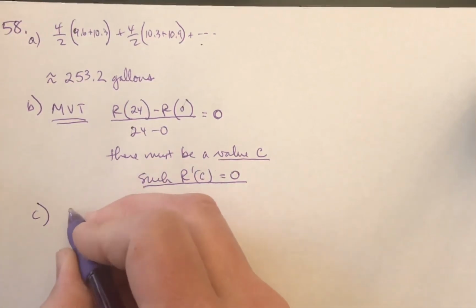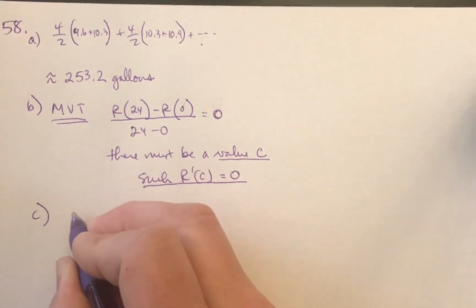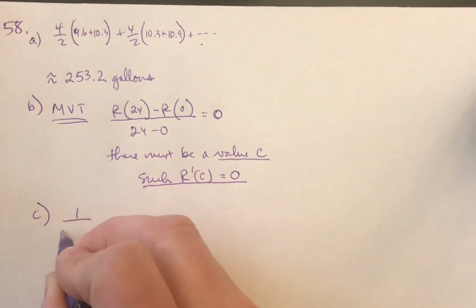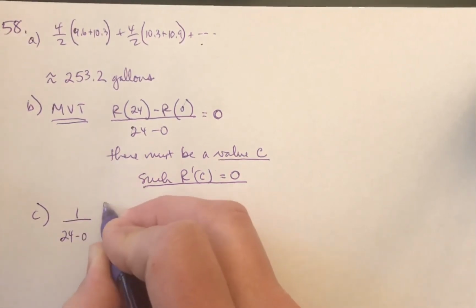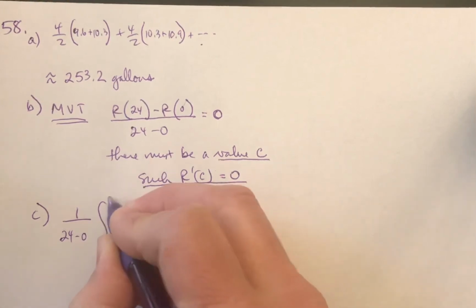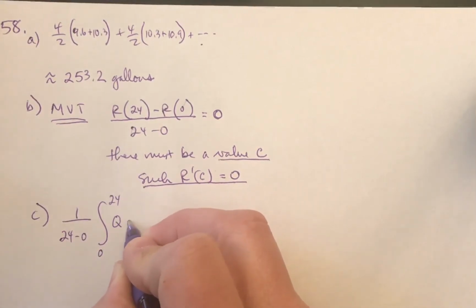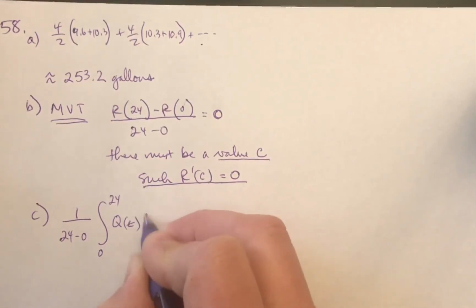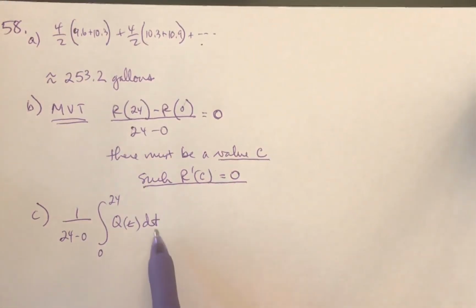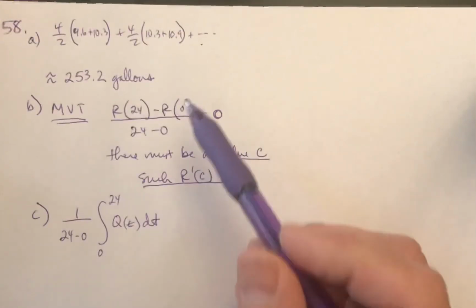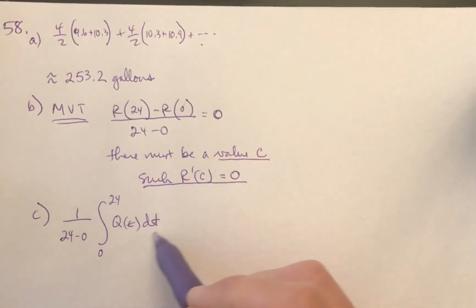Now in 58, part C, we're looking for an average value, so that would be 1 over 24 minus 0 times the integral from 0 to 24 of q of t dt, and that q of t is the one given in our book. Instead of using the table, there is a function that is going to model that behavior.